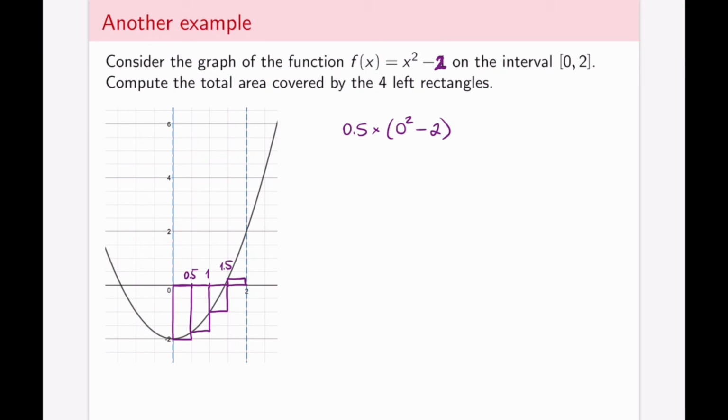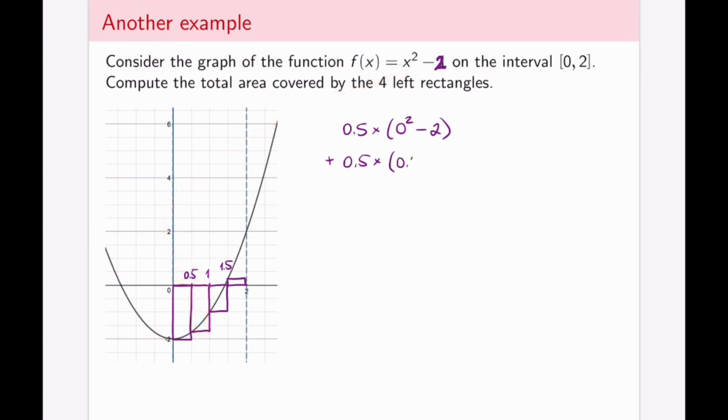Okay, but this doesn't really affect our method in any way. In fact, this is what keeps our method consistent. All you have to do is pick a point and plug it into the function. If the result happens to be negative, so be it. So let's see what happens with the rest of our rectangles here. For the next one, I pick the left-hand point. So for the second guy, the left-hand point, I plug it in here.